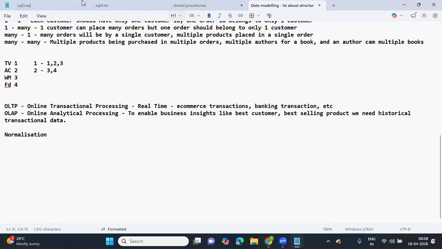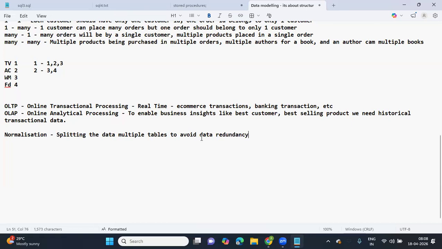With this, we will move into the next concept. Normalization means splitting the data into multiple tables to avoid data redundancy. You might not understand the term data redundancy.